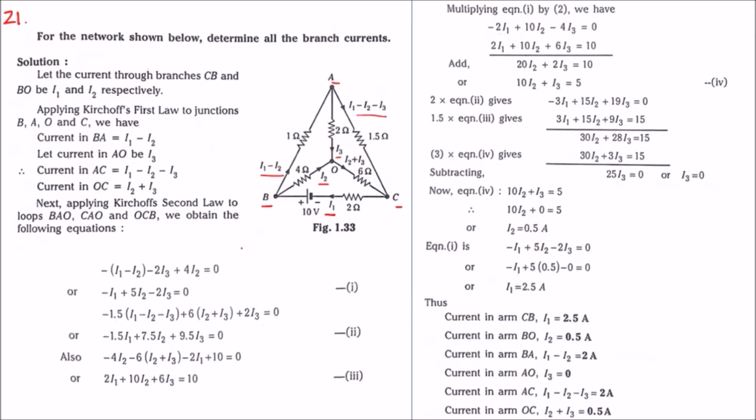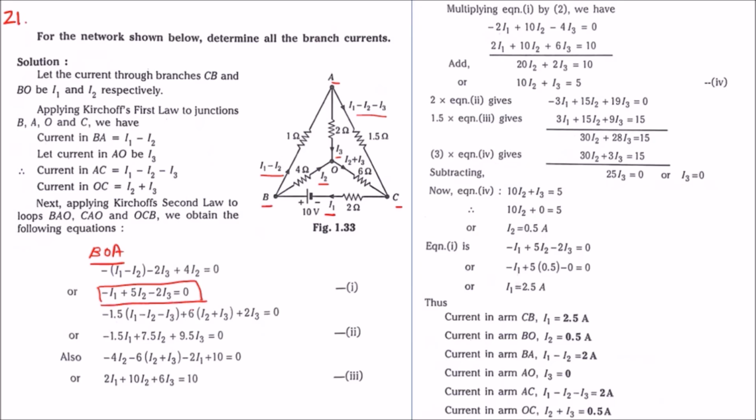So first we will take the BOA loop. From the circuit we can say that minus I1 minus I2 minus I3 plus 4I2 is equal to 0. If we simplify this, this is what we get, equation 1.